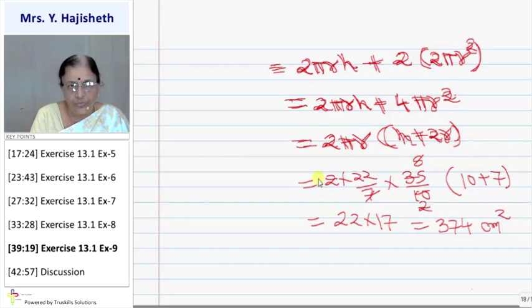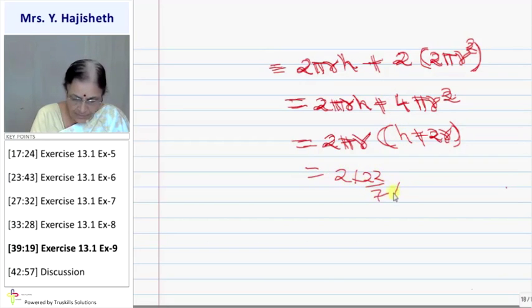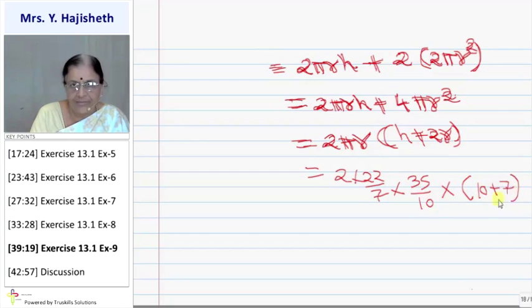It is 2 into 22 by 7 into r is 35 by 10 into h मतलब 10 plus 2r मतलब 7.